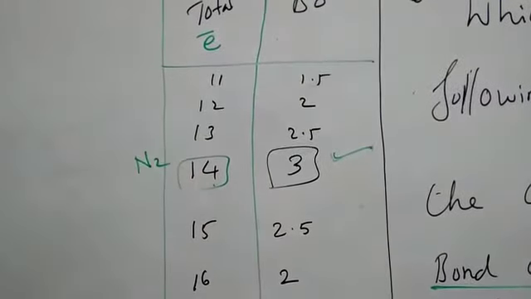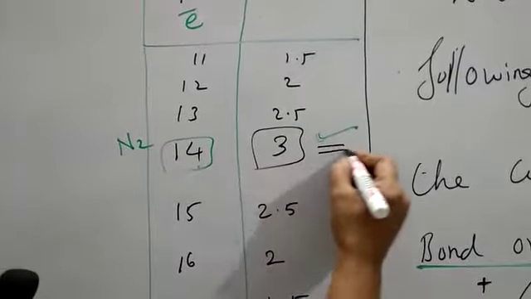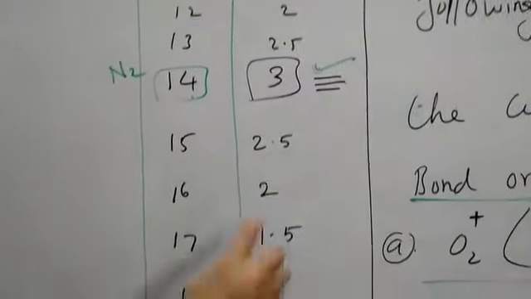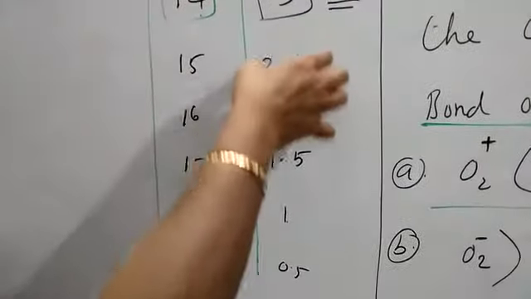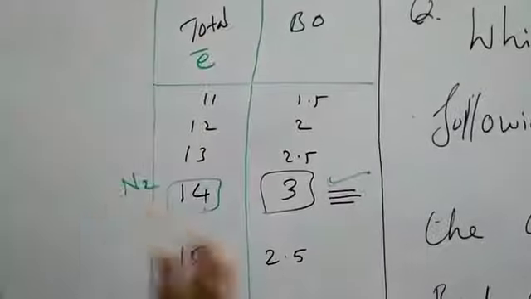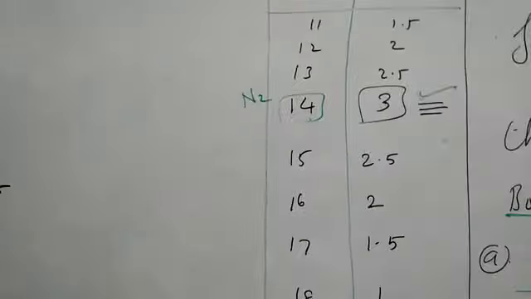Take nitrogen: its total electron count is 14 and its bond order is a triple bond. So this is the midpoint. Then each step, the difference is 0.5, decreasing slowly, and the same thing on the other side. This is the trick; everybody might know it. This is known knowledge only.